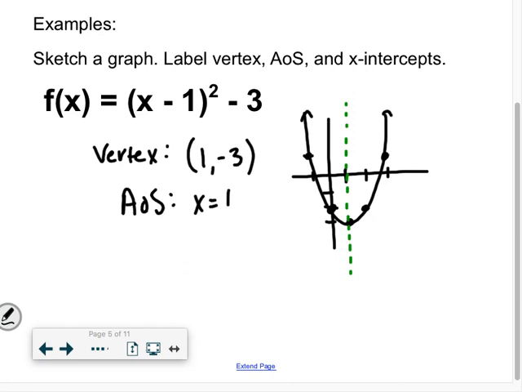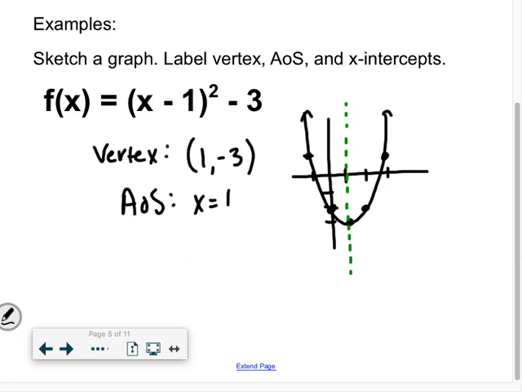Now, if you can find the x-intercepts from your graph, cool. Write them down as ordered pairs. In this particular example, where it's crossing the x-axis is not clear to me. I could estimate it, but I want an exact answer. So if you can't tell where it's crossing the x-axis, then use algebra.